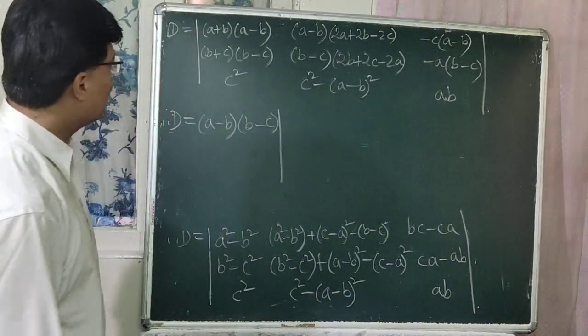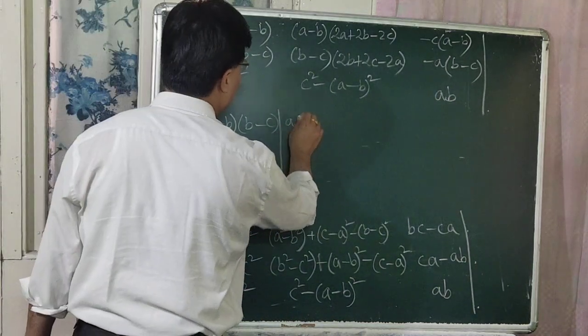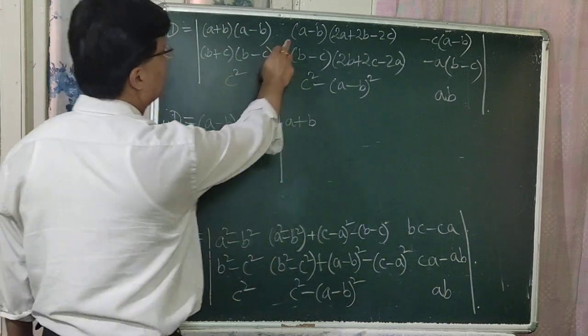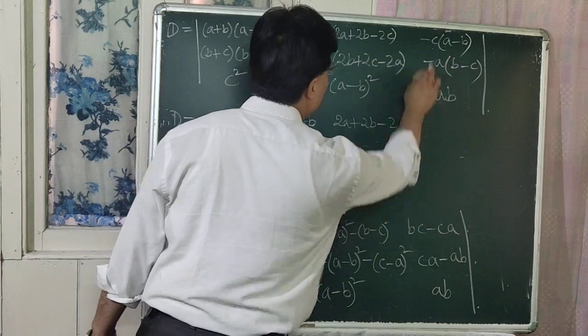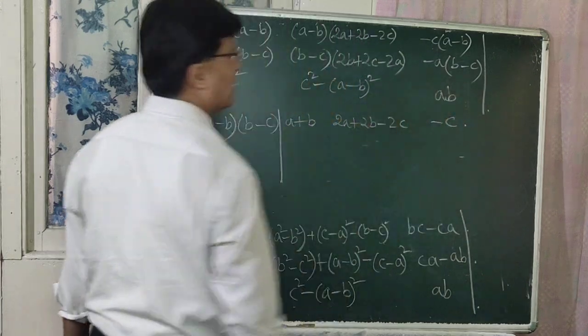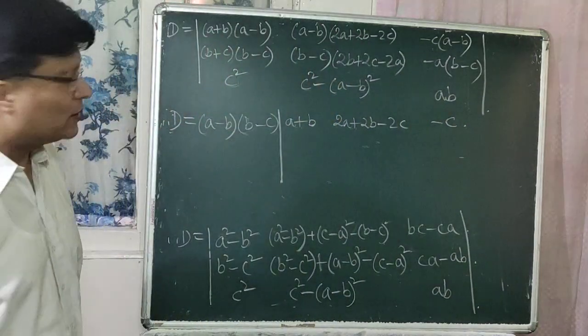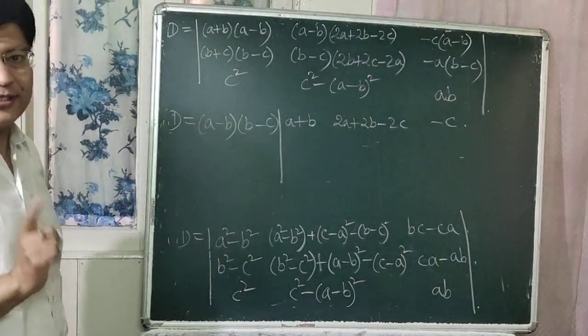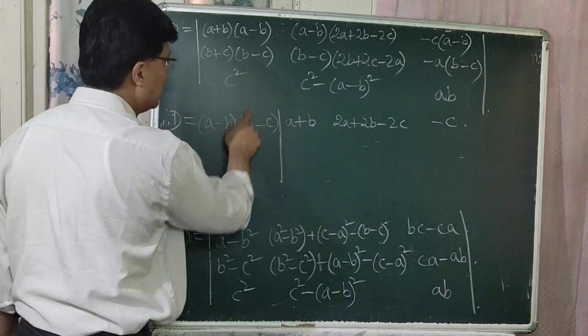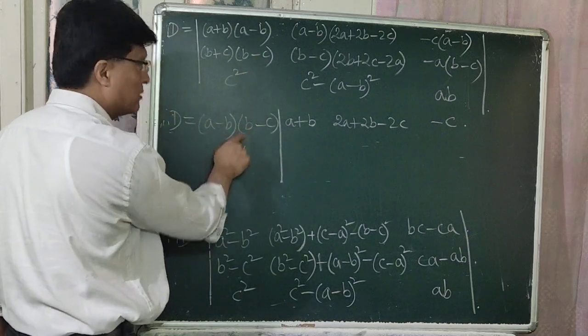Now write down the first row. What is the first row? A plus B. Is that clear? Then 2a plus 2b minus 2c, then you should write here minus c. Clear? Next, we are taking b minus c as common from the second row. So b minus c is taken outside the determinant, right?